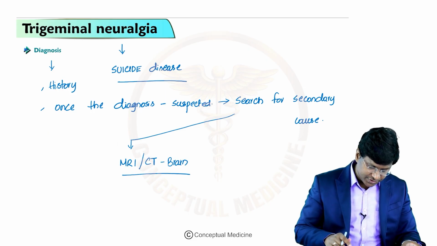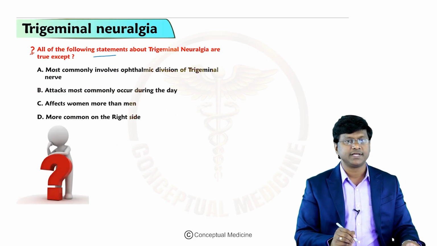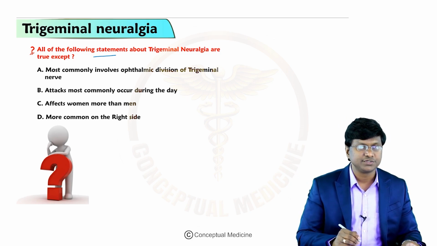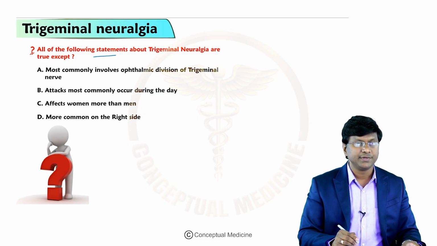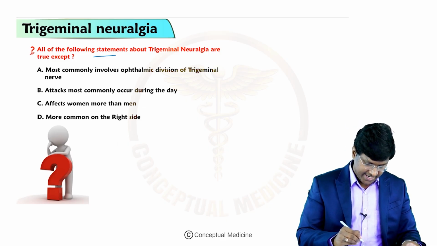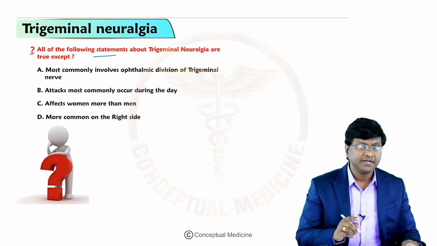Now I'll just show you a question on the same topic. All of the following statements about trigeminal neuralgia are true except: most commonly involves the ophthalmic division of the trigeminal nerve, attacks most commonly occur during the day, affects women more than men, and more common on the right side. Which of the following is an incorrect statement?